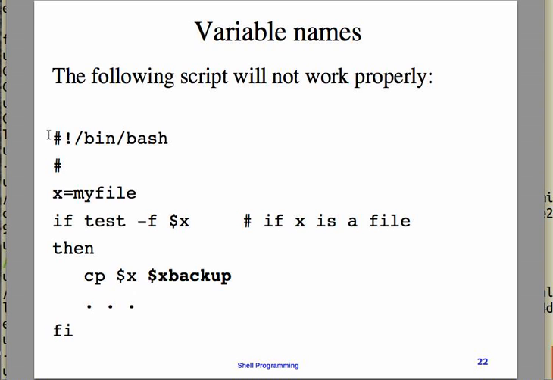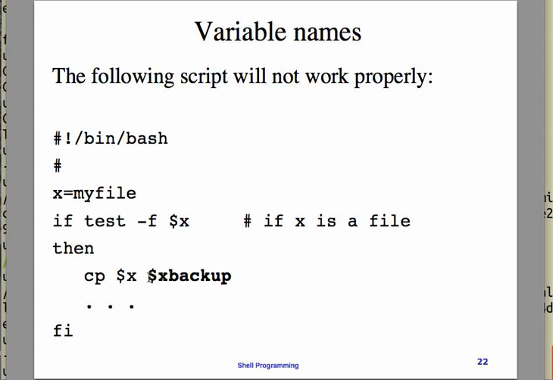So this is fine. You're assigning a string to x, checking if this string myfile is a file in the current working directory. If it is, then you do something. You make a copy of myfile called, and this is what you want to do, myfile backup, but this won't work.